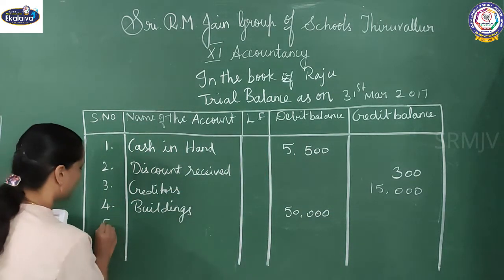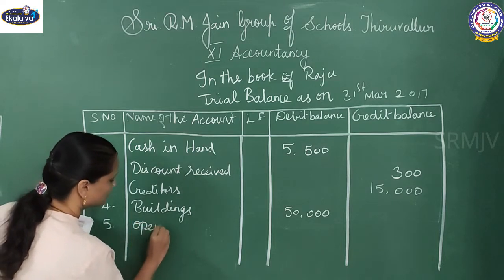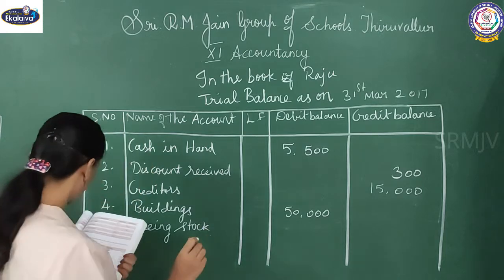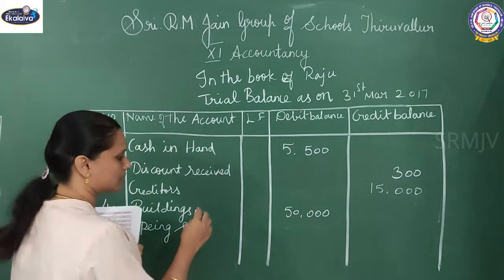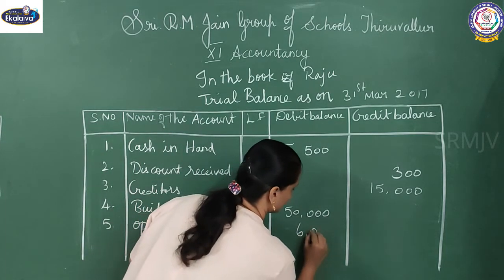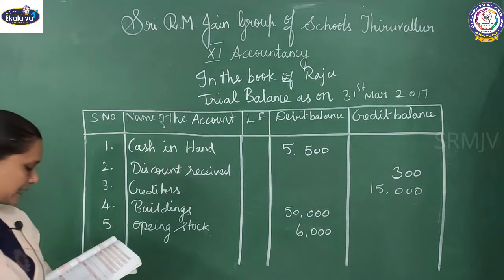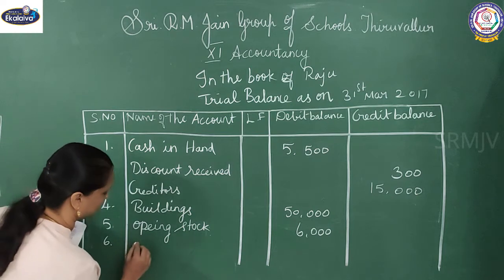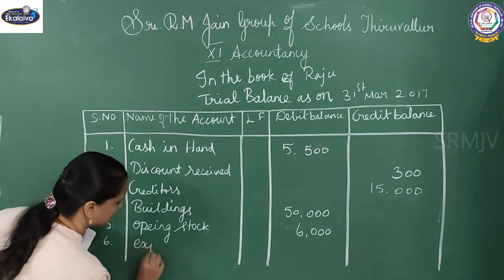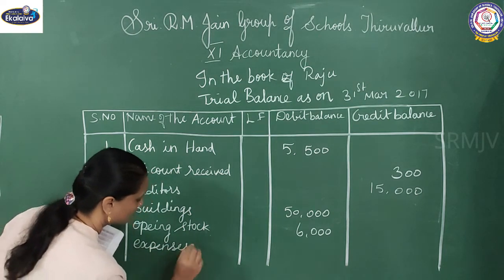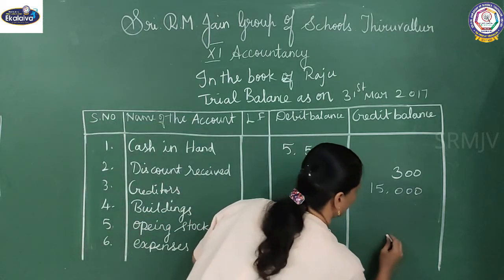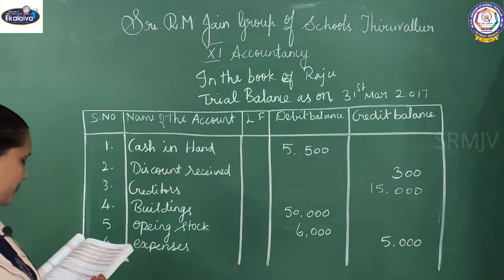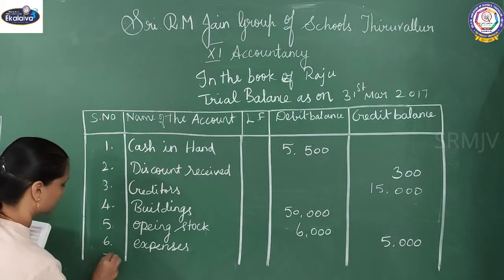And then opening stock. Opening stock 6,000. So this is also an asset. And then direct expenses. So debit all expenses and losses, isn't it? So expenses 5,000. And then carriage outwards.